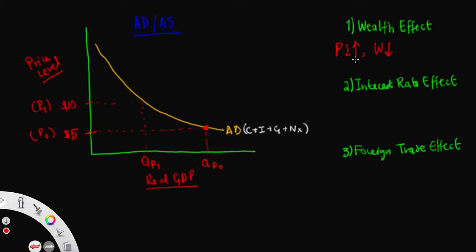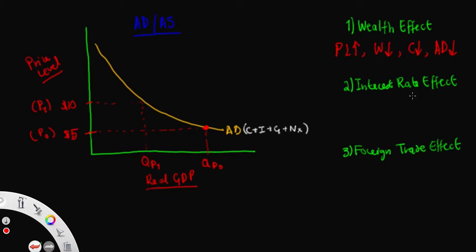So price levels increase, your wealth would decrease, and if your wealth decreases, you're going to spend less. You're going to consume less. Your consumption will decrease, and that would mean that your aggregate demand will decrease. Why is that? Well, we know that aggregate demand is made up of consumption, investment, government spending, and net exports. If your consumption goes down, you know your aggregate demand as a whole will go down as well.